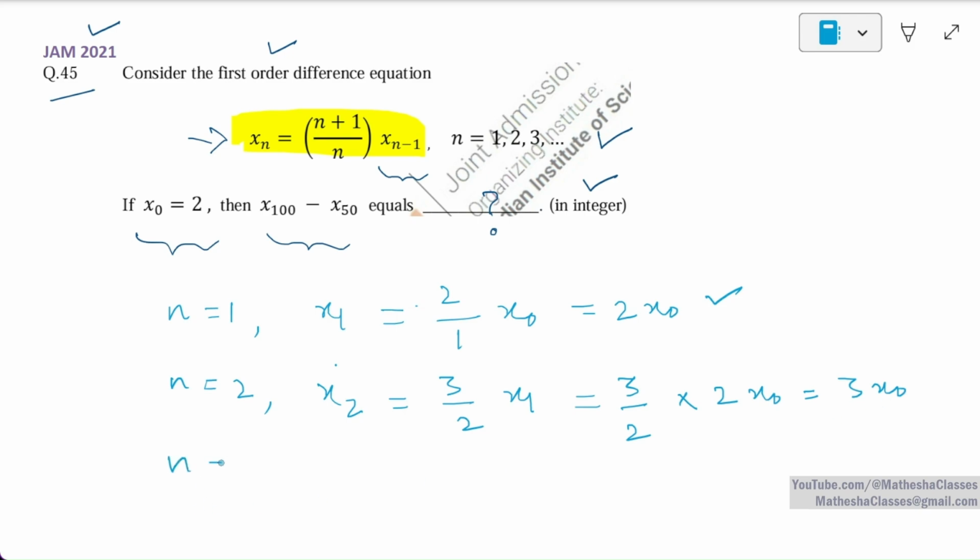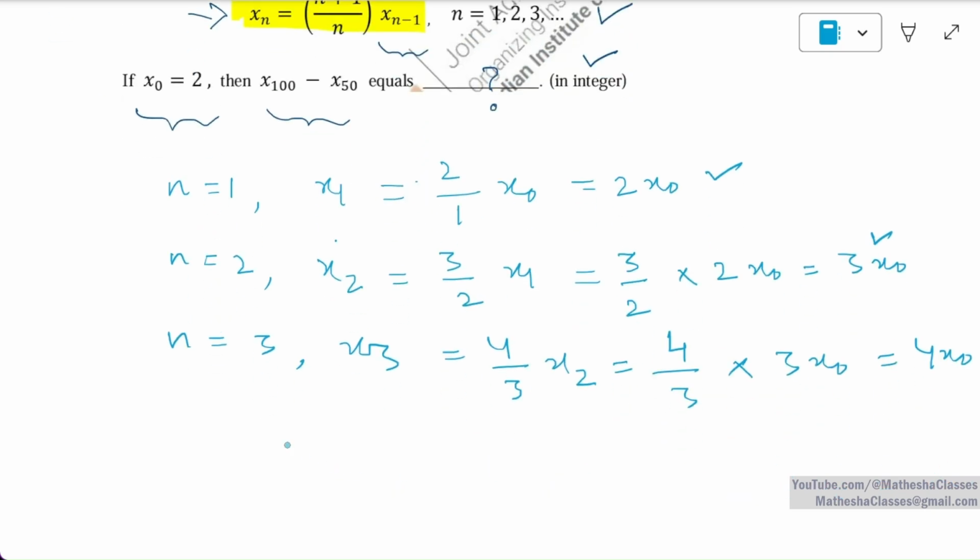Similarly, for n = 3, we'll get x_3 = 4/3 x_2, and from the previous relation, if we substitute x_2 = 3x_0, we'll get 4x_0.